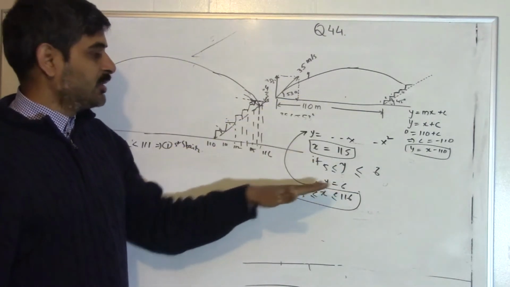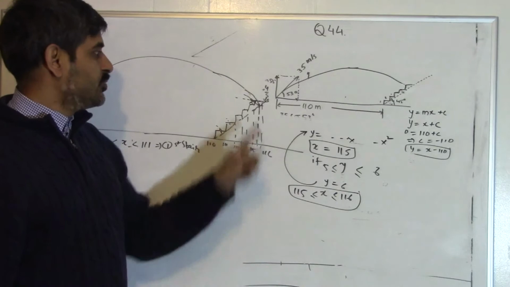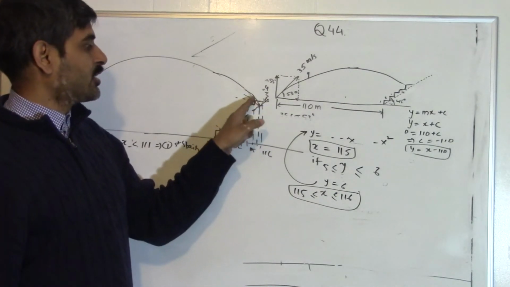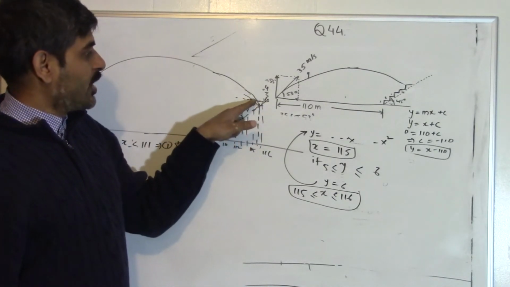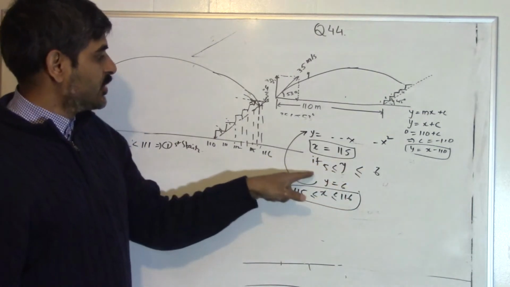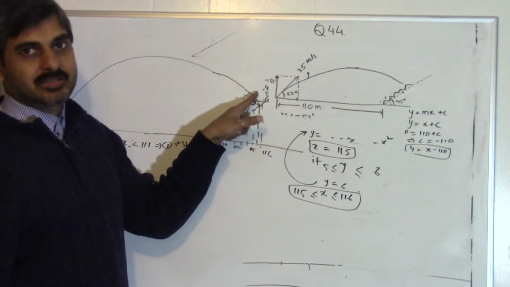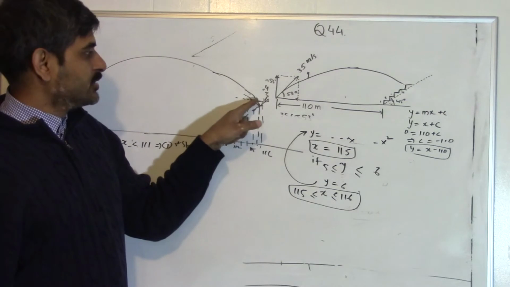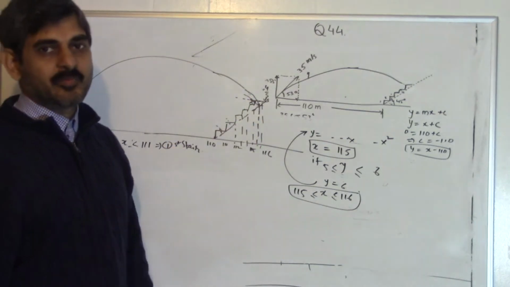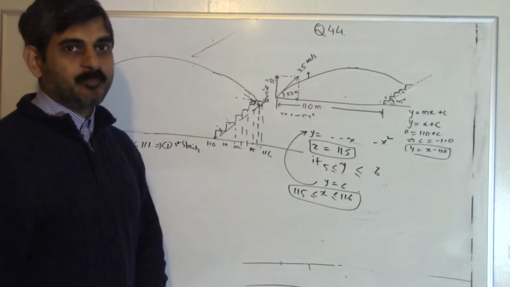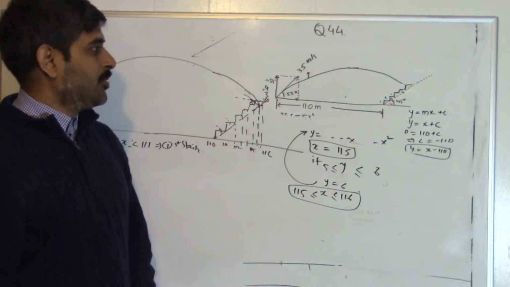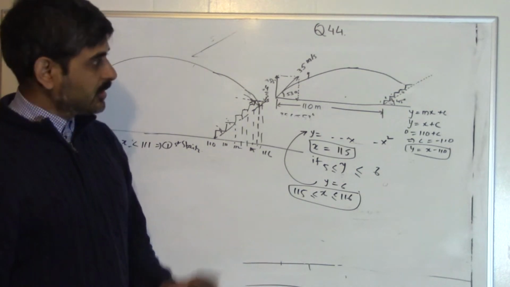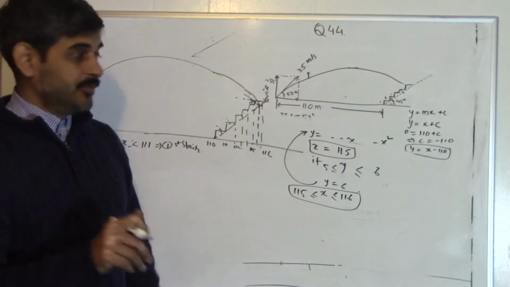When you solve that, you will find that the ball is hitting this one and not this one. In this case, you will get a value of y which will be higher than 6. That will prove that the ball is actually hitting this bench. That completes the solution. Very good problem, but there are a few problems with it.